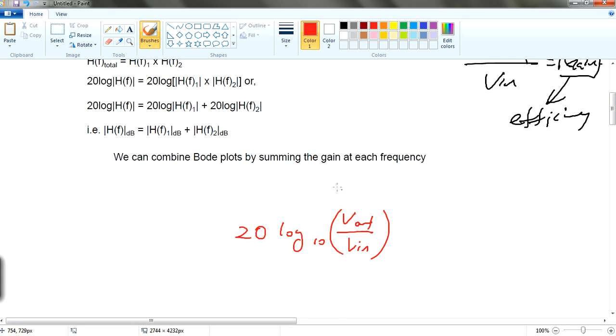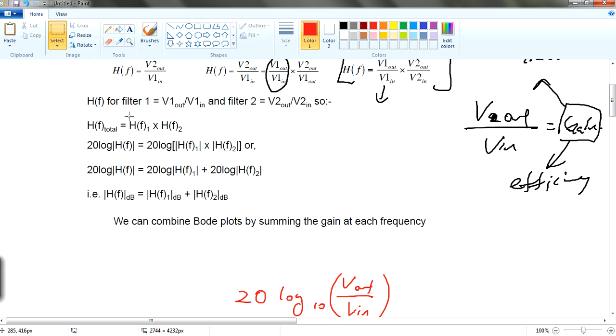In this case, our gain is this one over here. This also explains why we have 20 log, and then this one is inside the bracket.